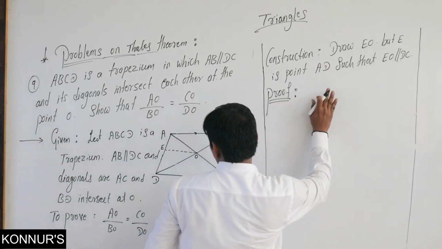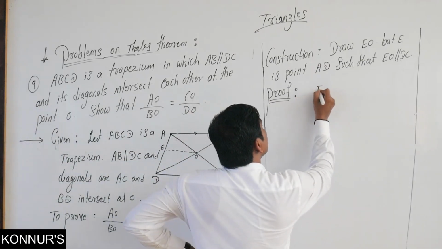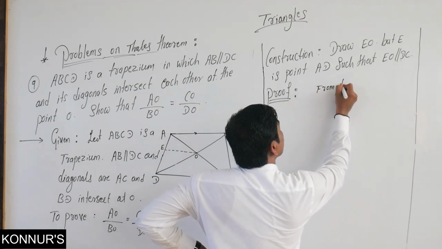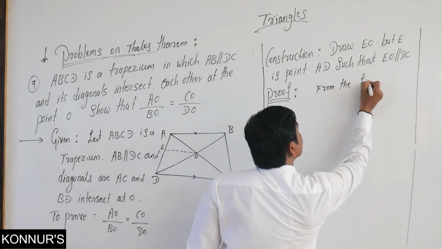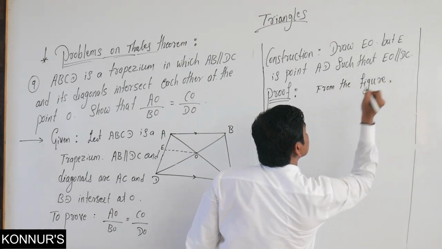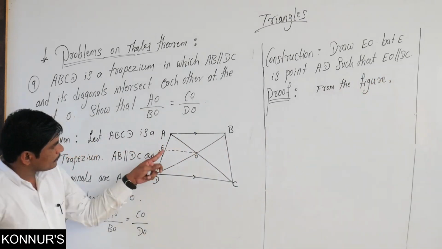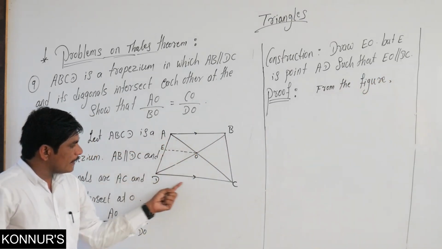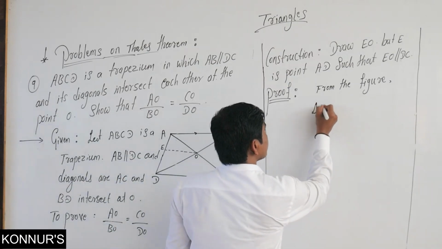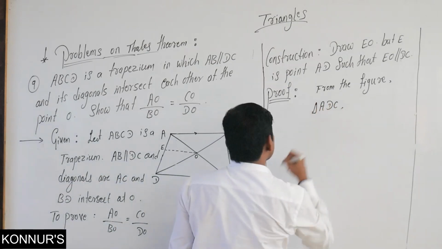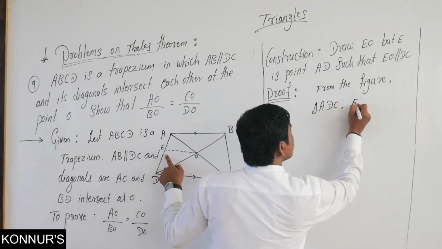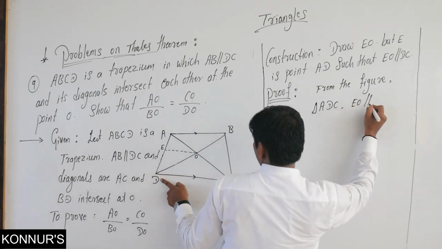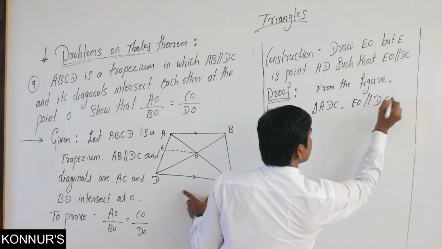Here you write from the figure: triangle ADC, comma, EO is parallel to DC.